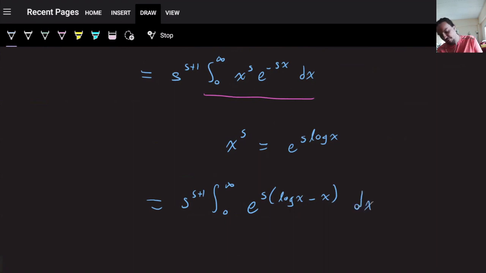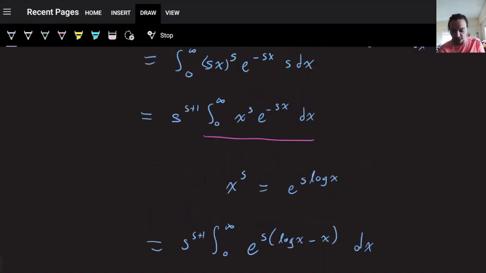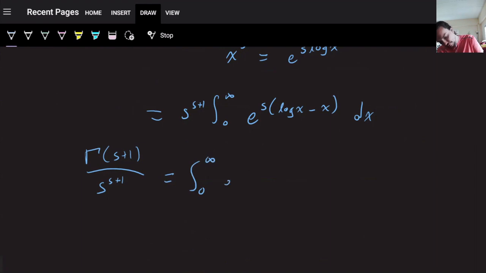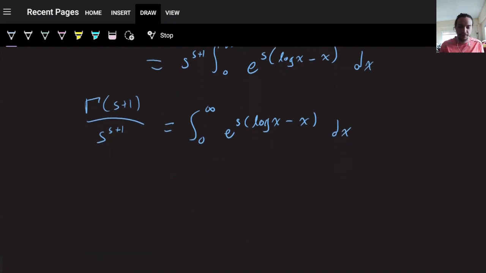So this is a weird way of writing the gamma function, but it's a way of writing the gamma function. In particular, if I write gamma at s plus 1 over s to the s plus 1, I know that this is equal to the integral from 0 to infinity of e to the s times this weird function. Okay.